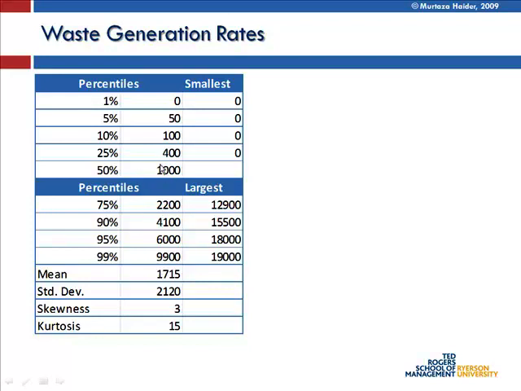On top of it are the percentiles that give you an idea. For example, the 5th percentile is 50 grams, which shows that up until 5% of the data set, the weight was 50 grams, and then at the 50th percentile, the weight generated was 1,000 grams, and the 50th percentile is also called the median.